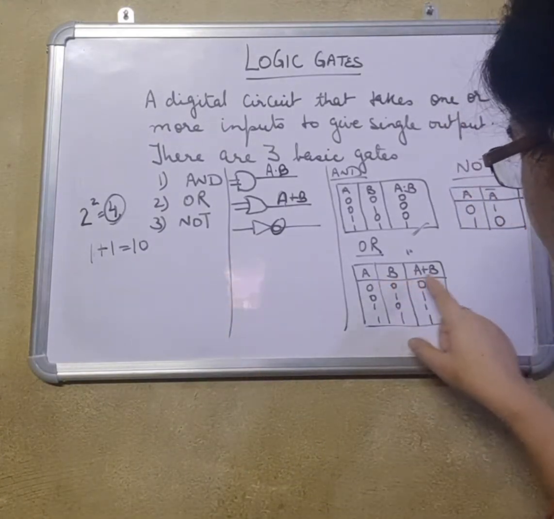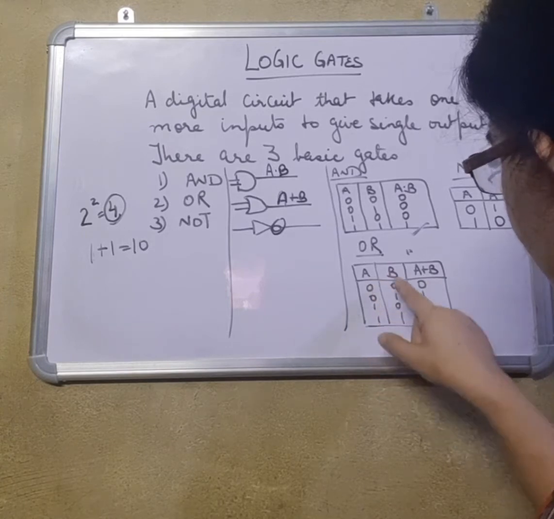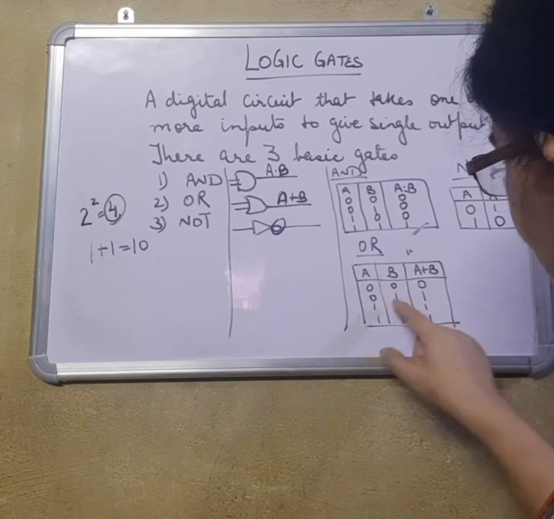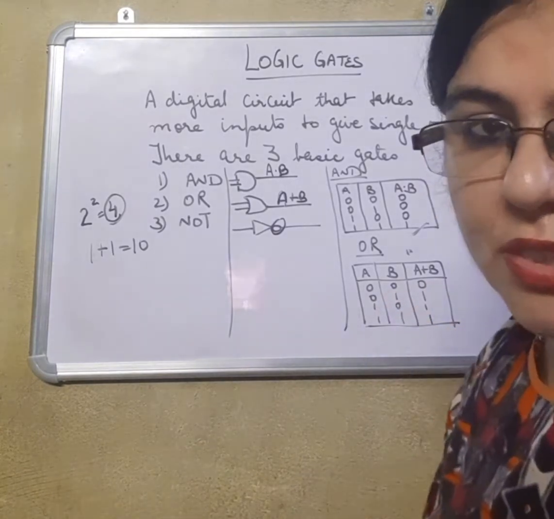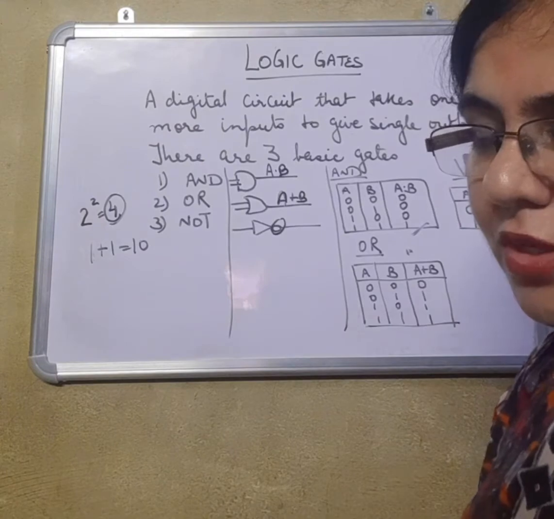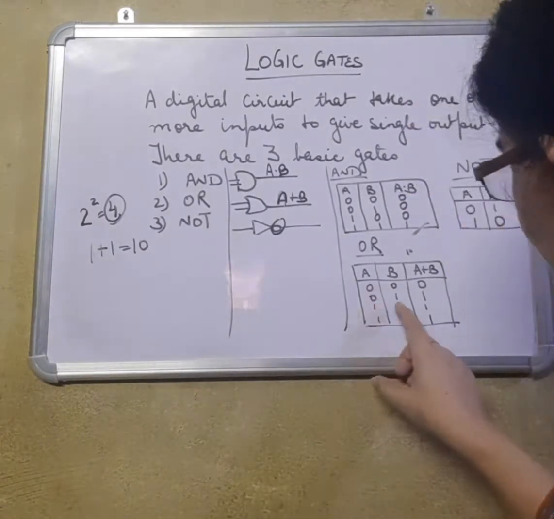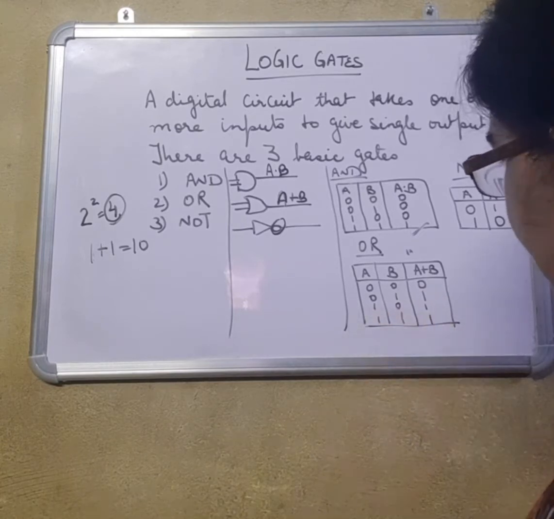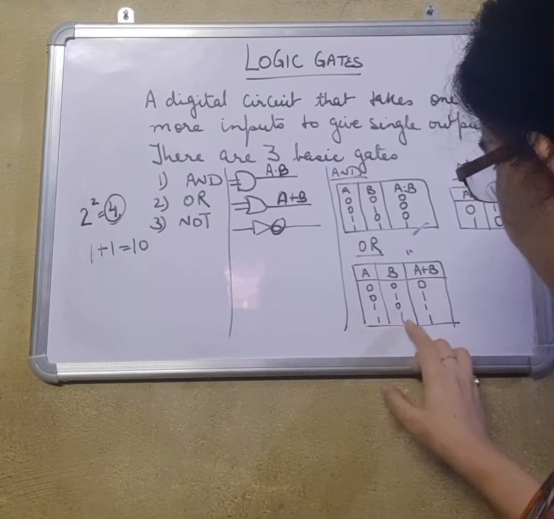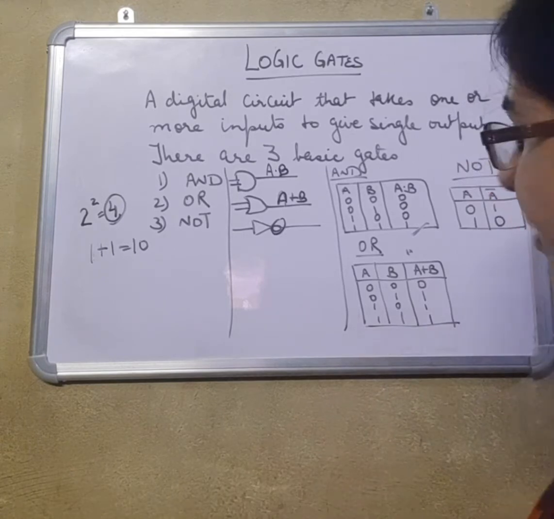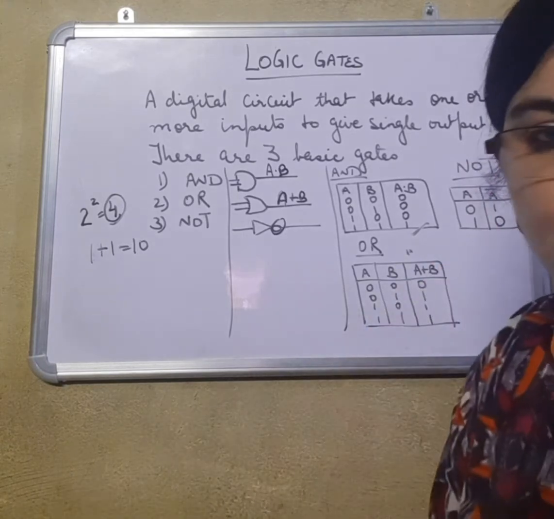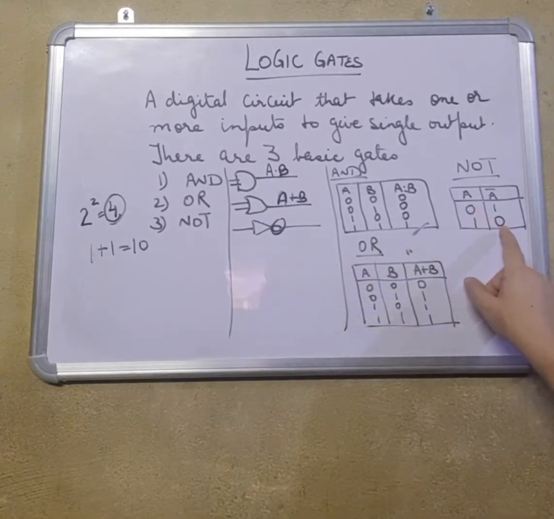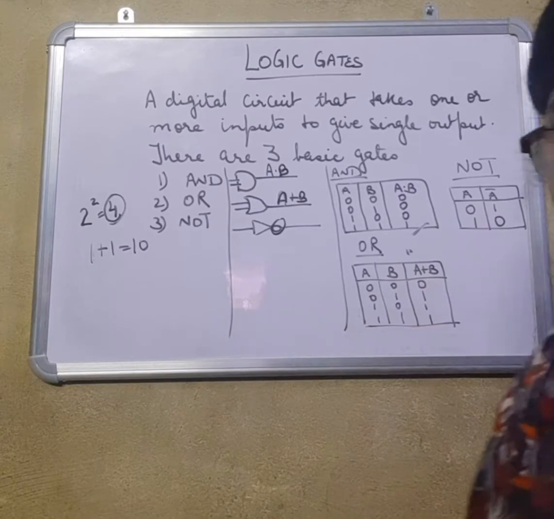So if you are passing A and B as 0, 0, 1, 1 and 0, 1, 0, 1, then 0 plus 0 is 0. 0 plus 1, as I told you in my definition, even if either of the inputs is 1, you get the output 1. So here one of them is 1, you are getting the output 1. Again one of them is 1, you are getting the output 1. Both of them are 1, you are getting the output as 1. NOT, as I told you, takes only a single input. If it is 1, it will convert it to 0. If it is 0, it will convert it to 1.